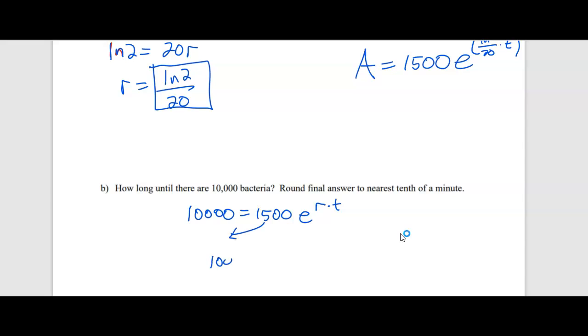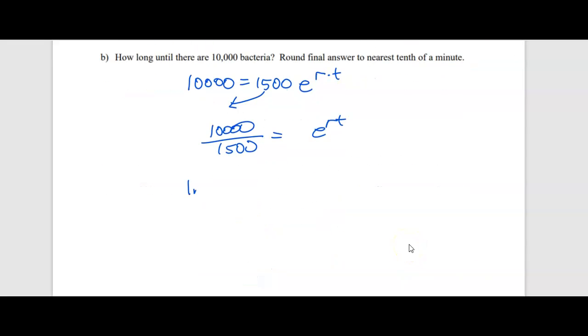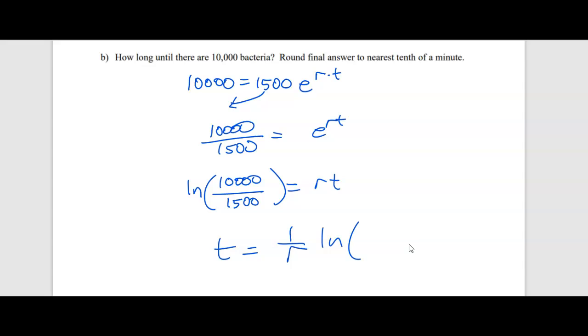So that's 10,000 divided by 1500 equals e to the RT. Then natural log both sides. I'm not even simplifying where I could because the calculator is going to do all this for us. And we know R, so T is 1 over R, natural log of 10,000 over 1500.